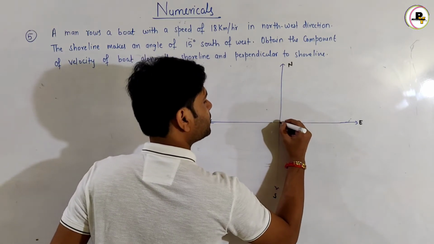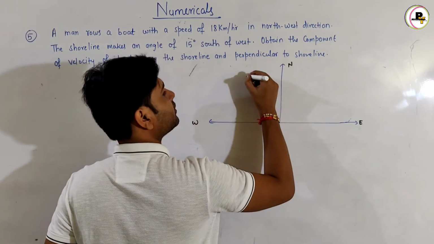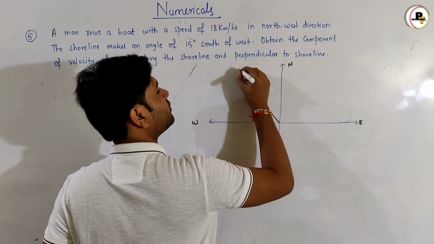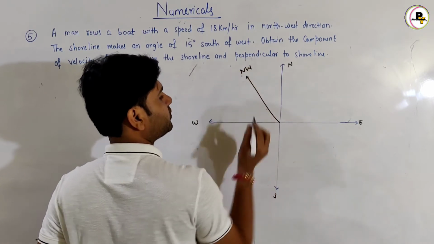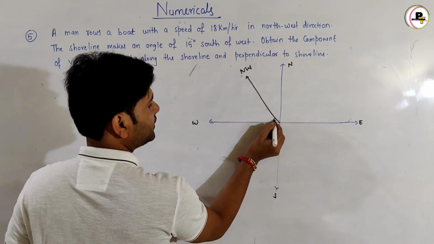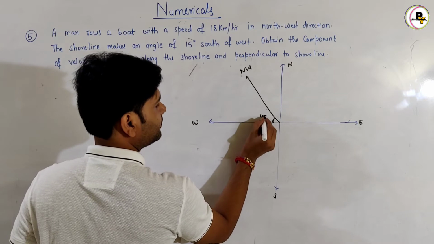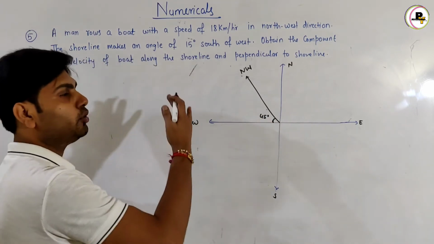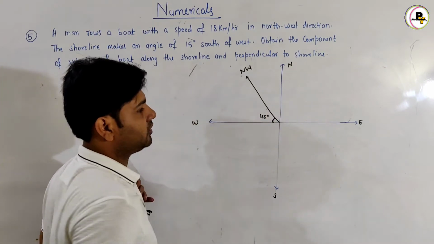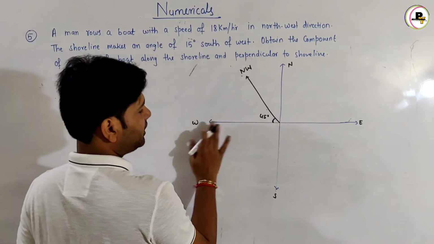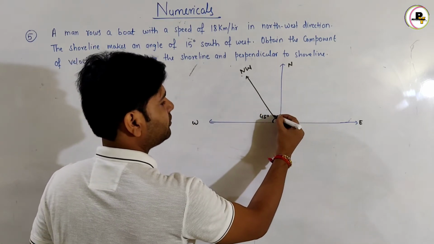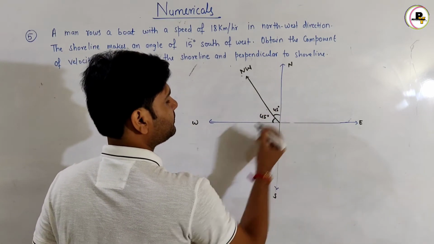The man rows the boat in the northwest direction. So its angle made with west is 45 degree, because it is exactly in northwest direction, so it will be between north and west, that is, it will make 45 degree either with west or with north. This will also be 45 degree.